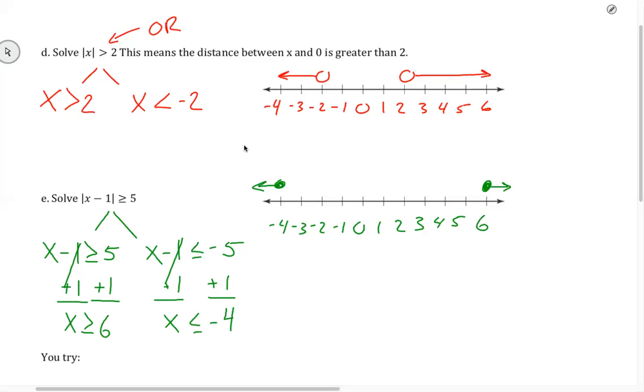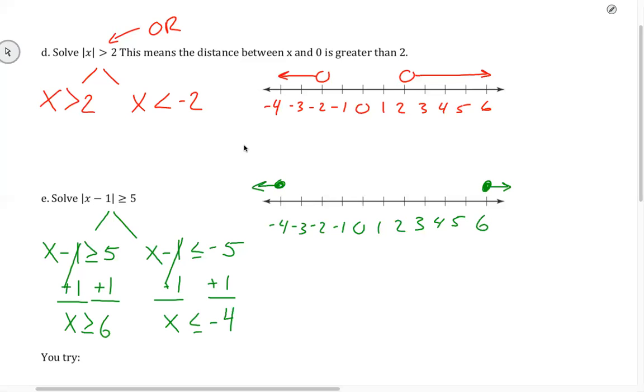With absolute value, because you break it apart, you have two equations to solve. You always had two answers. Because you have two answers, you're going to have two inequalities. So the inequalities will either shade towards each other, or they shade away from each other.